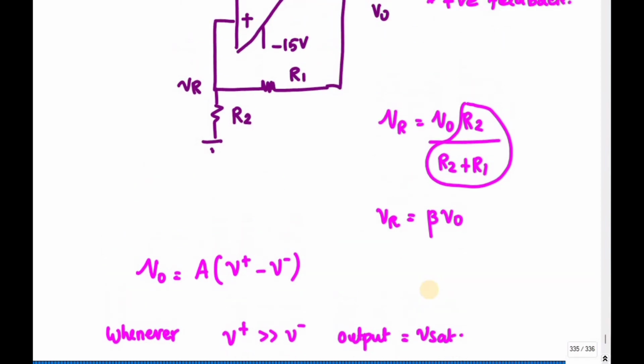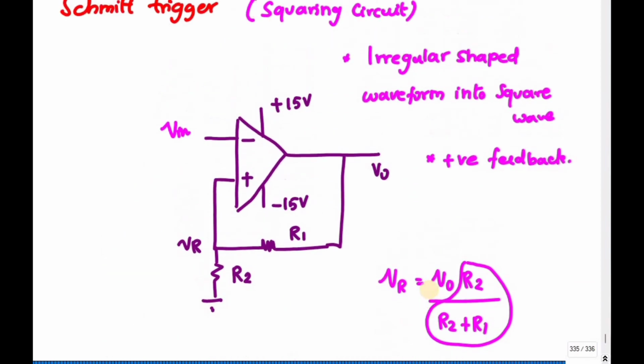Here I am going to give the irregular signal to the input. This is my V in, and it is given through an RCOM, where RCOM is a resistance value.